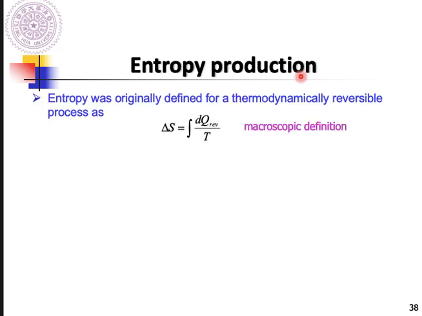Based on the second law of thermodynamics, the change in entropy will equal the heat change divided by the absolute temperature in the reversible process, and that would be the macroscopic definition.